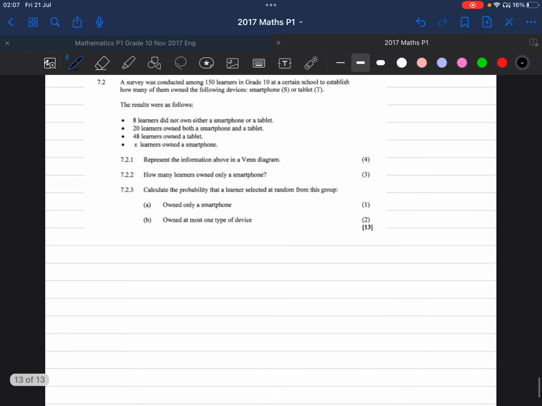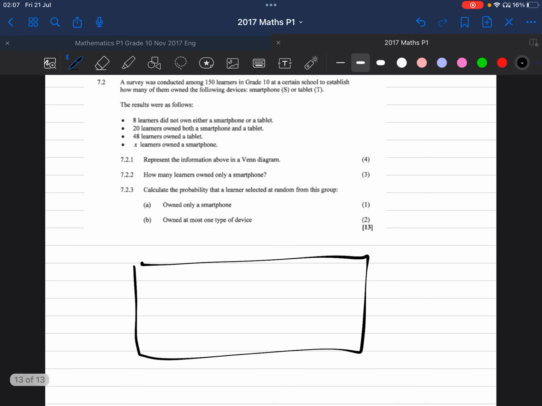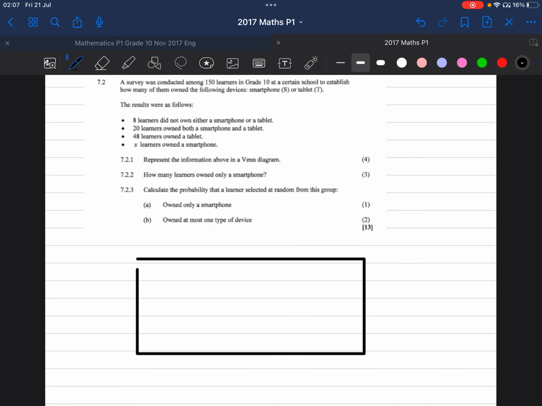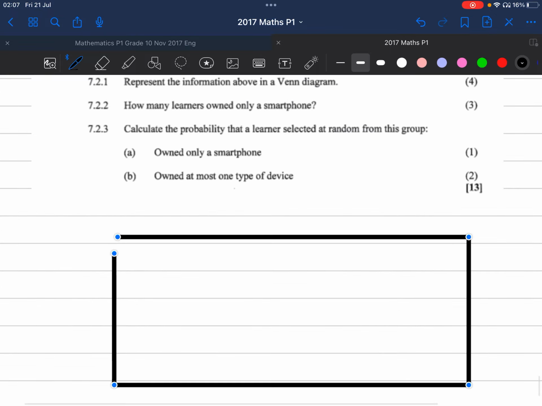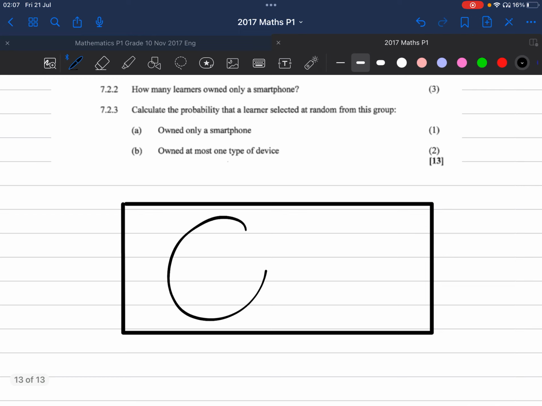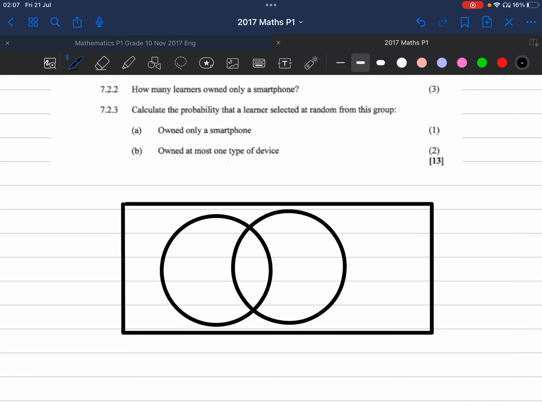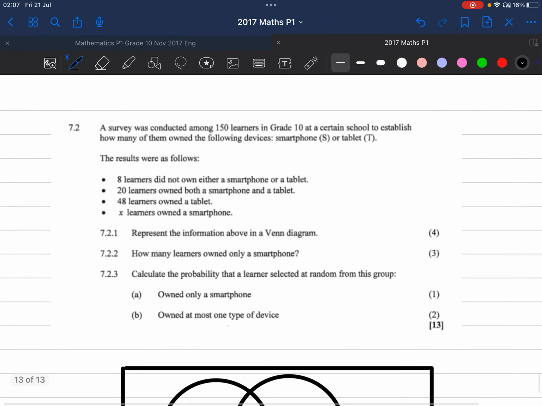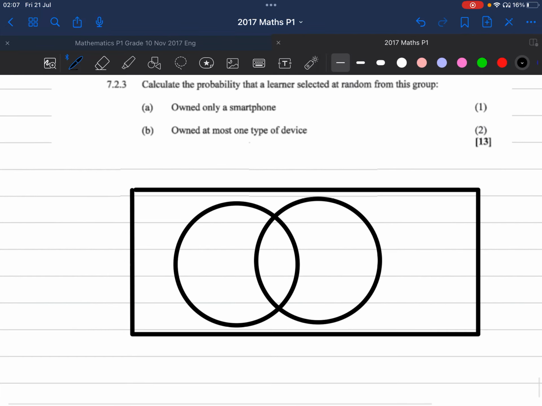Okay, so let's draw ourselves a Venn diagram. We'll start with our rectangle to contain everything. And now remember, we have two options, basically, it's for smartphone and for tablet. So I'll draw two circles. Okay. So let's start here.